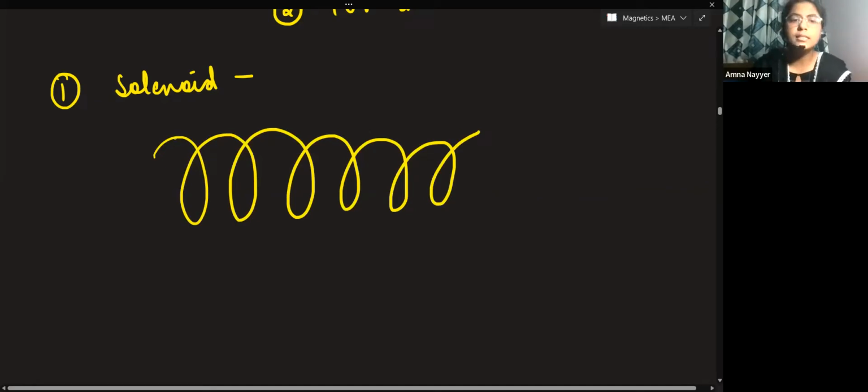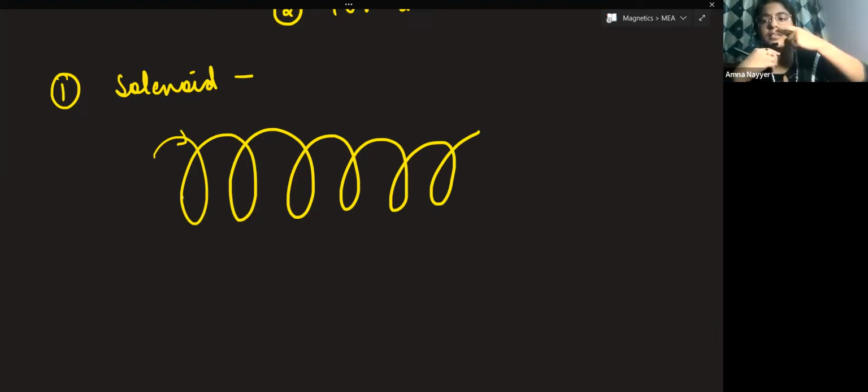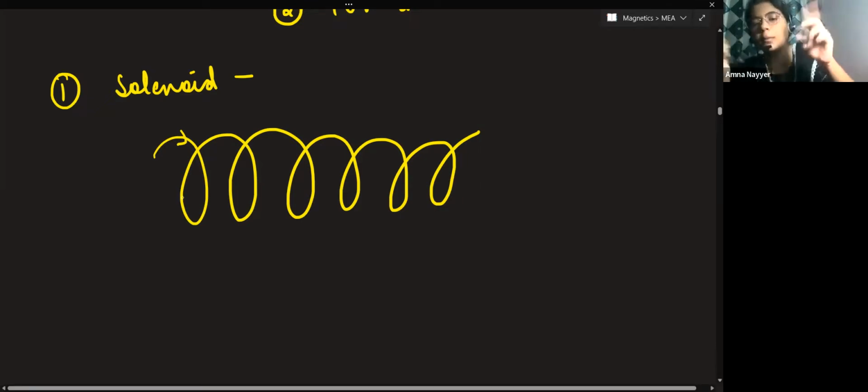Now see, in this case, current flows into it and then appears to come out at the other end. Because it's a wire in the form of a circle, current will appear to go in, then from the bottom it will appear to come out. This way it will keep on moving. So if a current flows in this direction, this will be the path of current. This way it will keep on repeating.